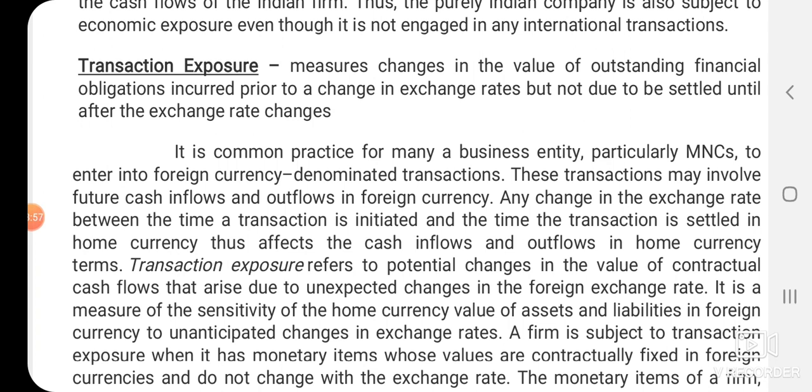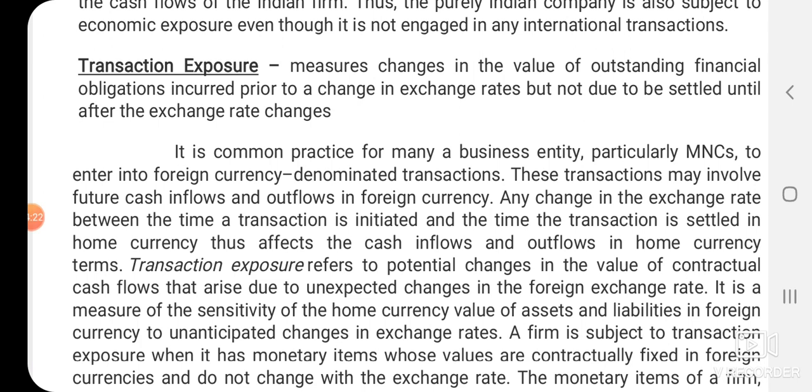It is a type of foreign exchange risk faced by companies that engage in international trade in any worldwide market, not only in India; it is applicable anywhere, in transactions at the global level.